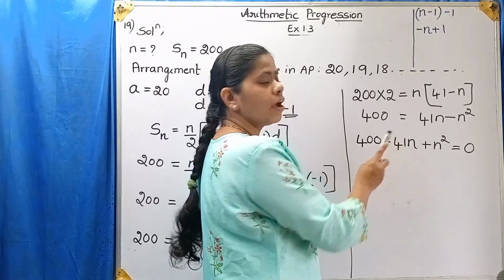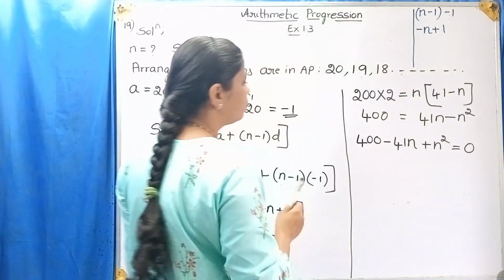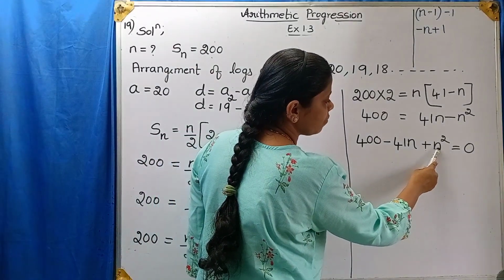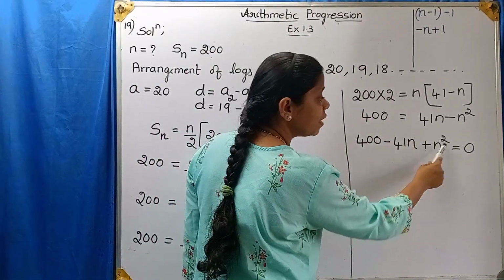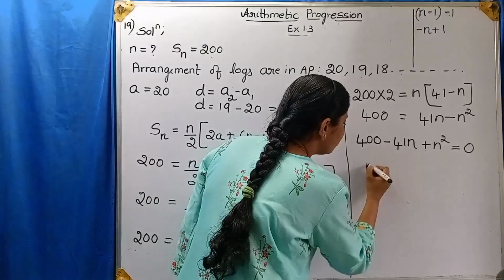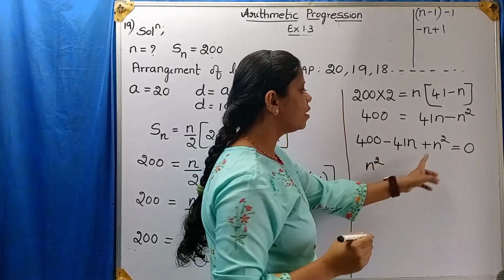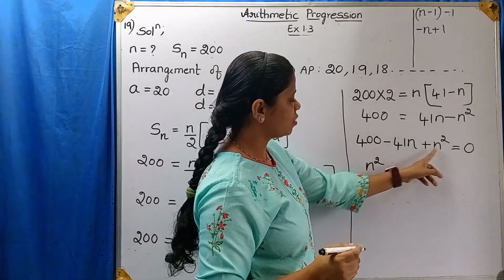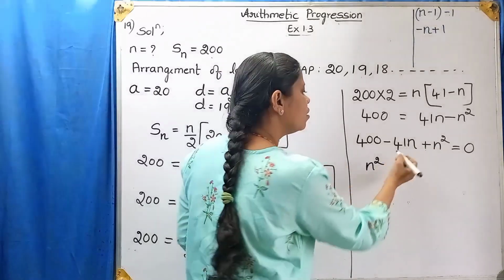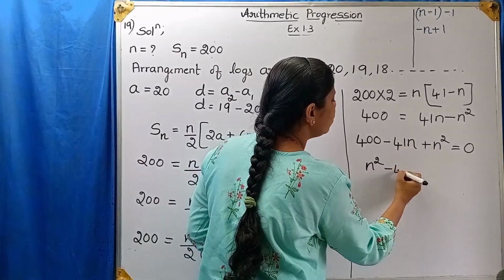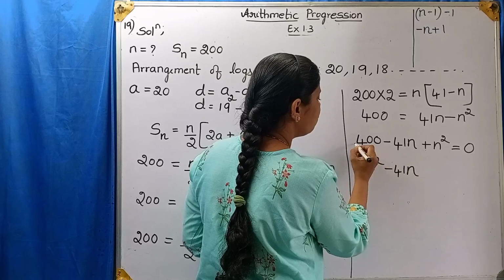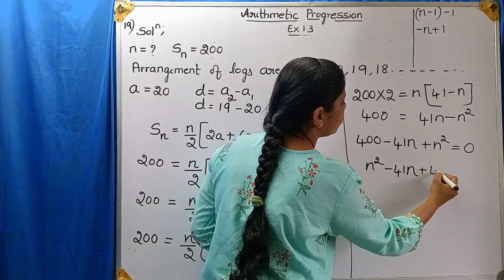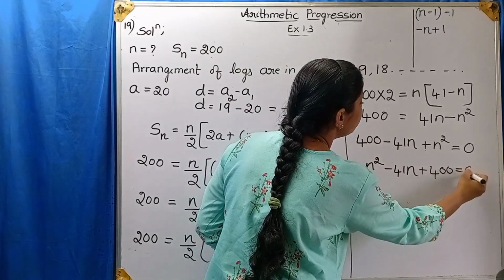Let us arrange them according to their degree. See here, n square, let me write that first. Plus n square. Okay? See their symbols also. Plus n square. So let me write n square, next one minus 41n plus 400 is equal to 0.